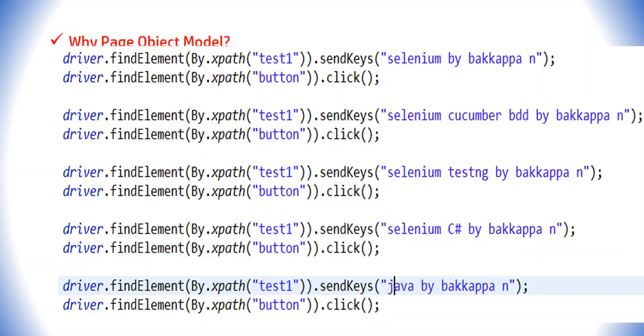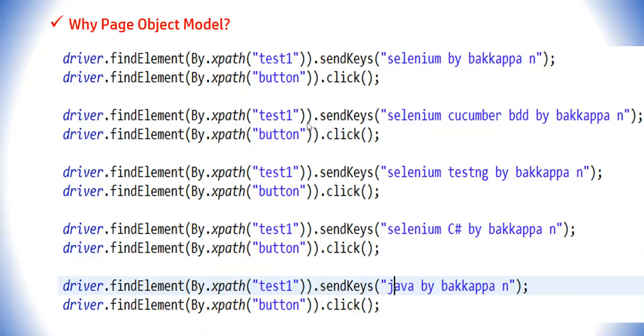Let us jump to why we need a page object model. If you look at this snippet of code, first we are identifying a web element by using the XPath that has the value test1. We are sending the value Selenium by Bakappayan, and clicking on that button.